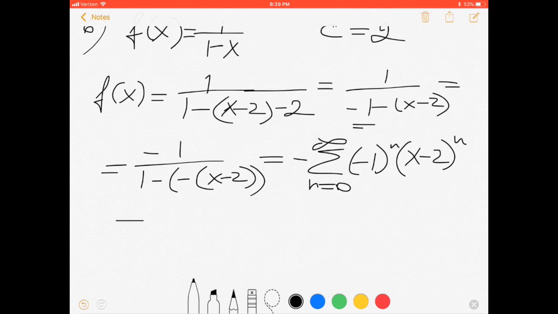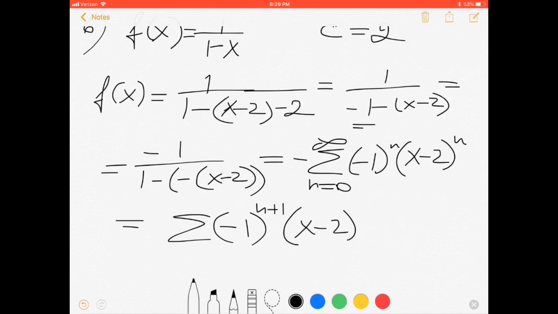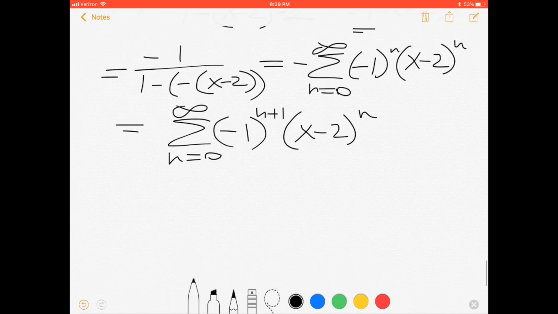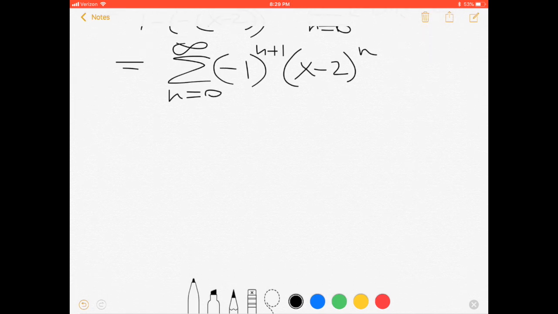It will be the series negative 1 power n plus 1 times (x minus 2) power n, starting with 0 to infinity. This means not always you need to find all derivatives. Okay.